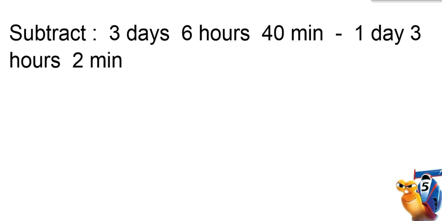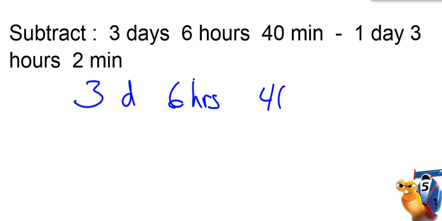We have to know that 1 day equals 24 hours, and that 60 minutes equals 1 hour. Those concepts are going to be important, especially if we have to borrow because we have a smaller number being subtracted by a bigger number. But let's work it like this: 3 D for days, 6 HRS for hours, and 40 minutes.